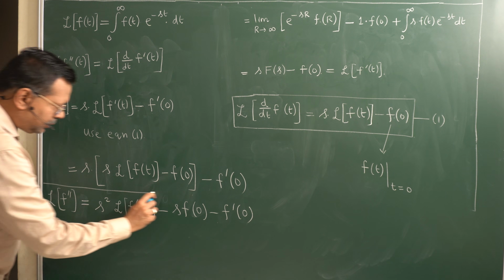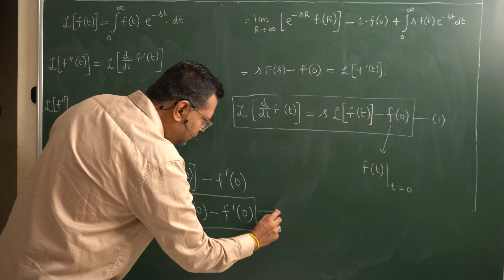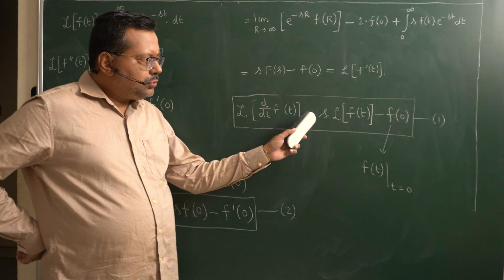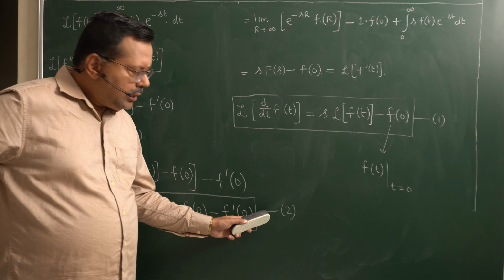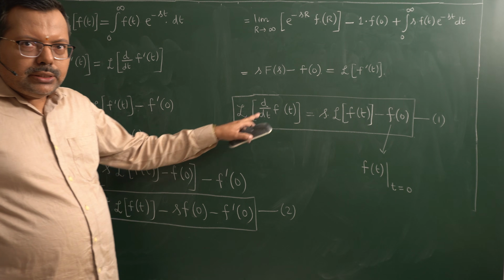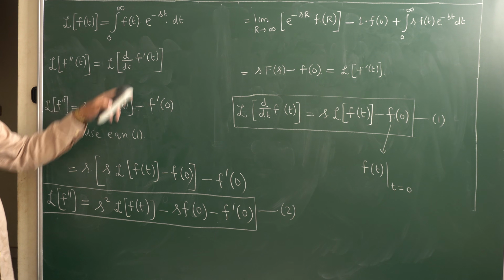So now this is one important result once again. All you have done is that you have used equation number 1 to derive equation number 2. The first derivative has been converted to the second derivative, which is d square f by dt square.